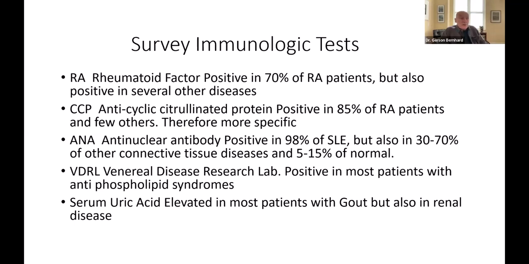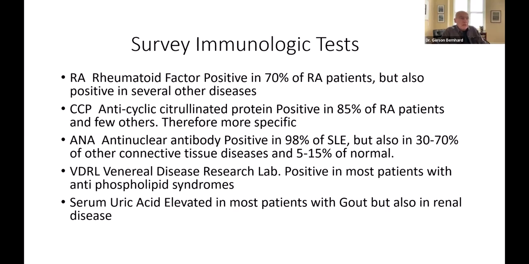And it is positive in approximately 85% of patients that we clinically classify as rheumatoid arthritis. There is some discussion as to whether those patients who are so-called seronegative, who don't have either a positive rheumatoid factor or a positive anti-CCP, have truly rheumatoid arthritis or some other inflammatory arthritic disease with a different course.